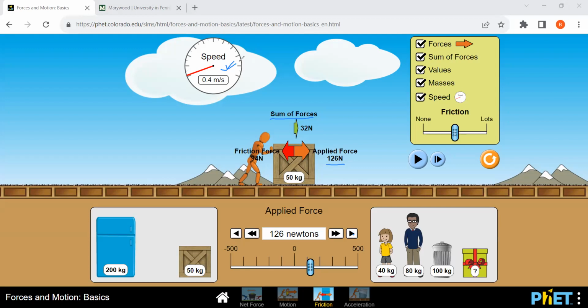I just paused it to talk about that, and then I will play it. Another thing is you see that the friction force drops to 94 Newton from 125 Newton. So two things happen when you overcome the maximum friction force. One is it starts moving. When it starts moving, friction force reduces to some lower value.